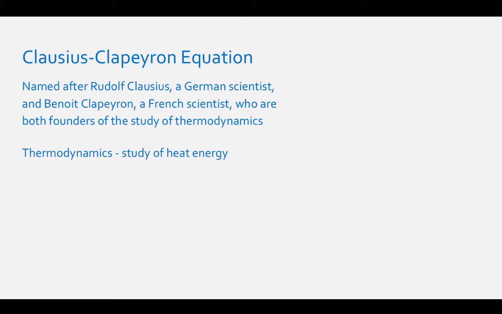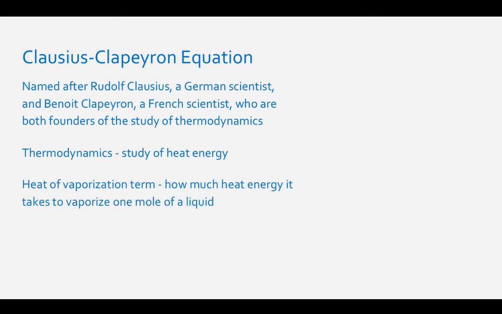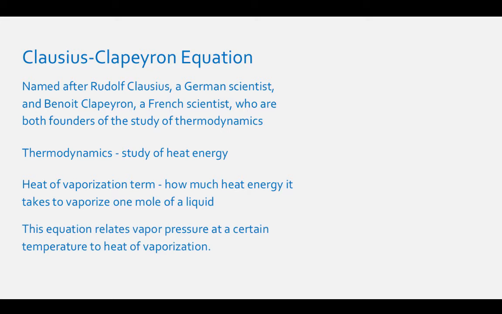Thermodynamics is the study of heat energy in chemistry. Heat energy comes into play with the Clausius-Clapeyron equation with the heat of vaporization term, which is the amount of heat energy it takes to vaporize 1 mole of a liquid. The equation relates vapor pressure at a certain temperature with the heat or enthalpy of vaporization.